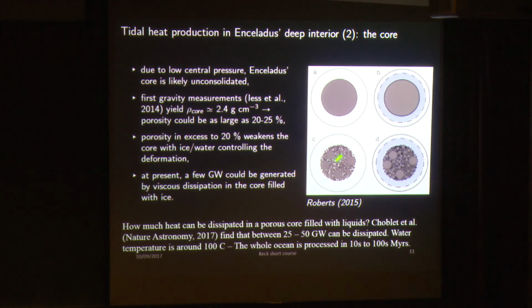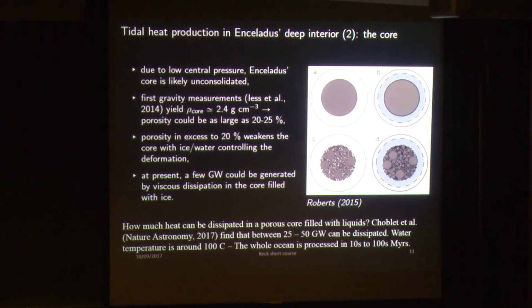But the question is, if you have water and hydrothermal activity, how is the water going to circulate, to percolate into these very porous silicates, and how much tidal heating is going to appear in this kind of aggregates. And the viscosity of aggregates is not very well known.